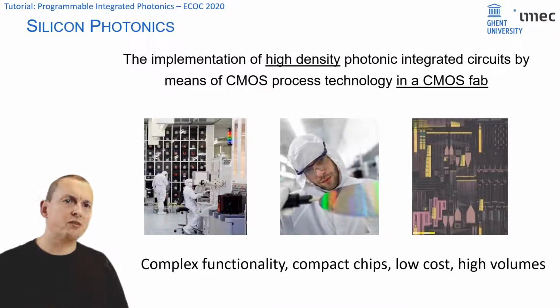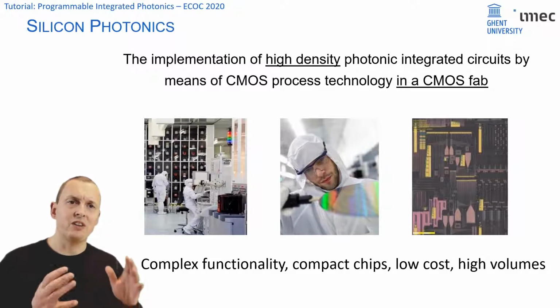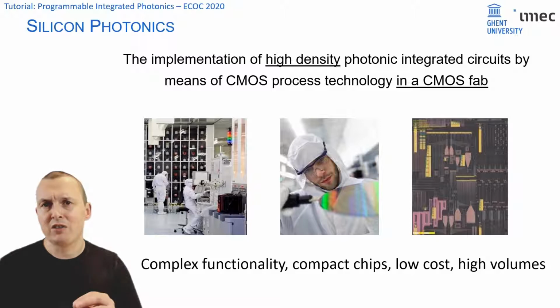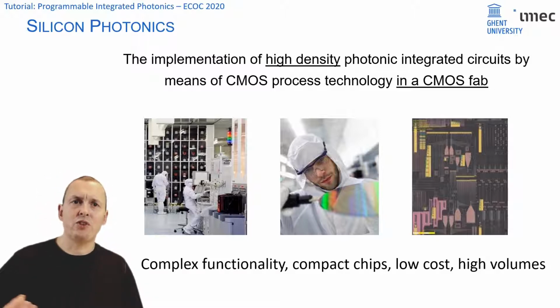So that brings us to silicon photonics. Silicon photonics is the technology that allows you to integrate thousands or even 10,000s of components for optics on silicon with a very high integration density. And the advantage is that you can fabricate those components with the same technology as CMOS electronics. And that gives you two scale advantages.